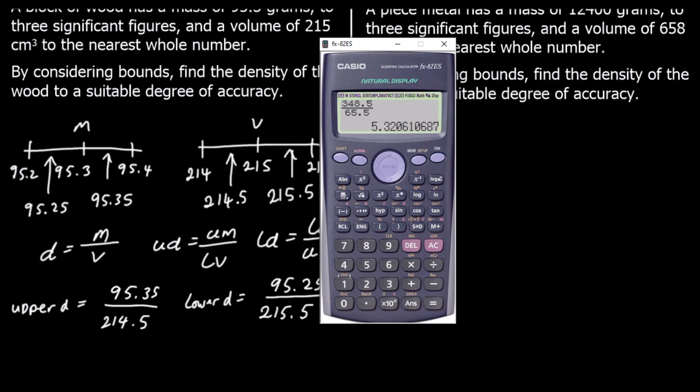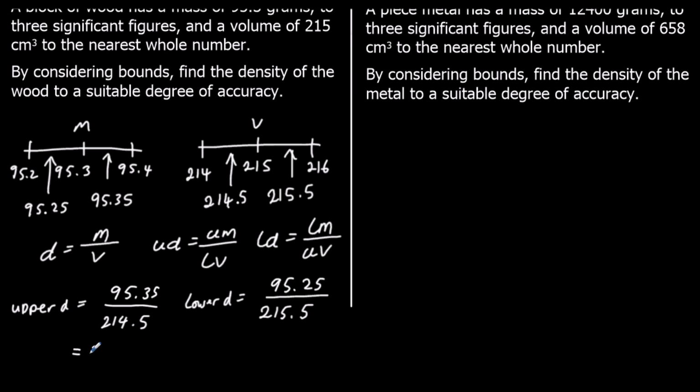So let's put these in the calculator. So 95.35 over 214.5. I'm going to write down as many digits as I can. So 0.44452, and so on.